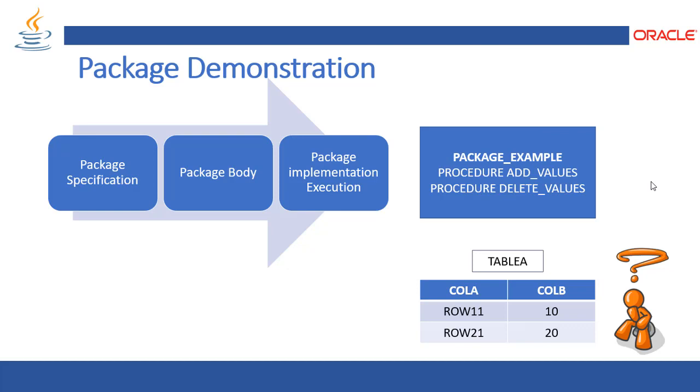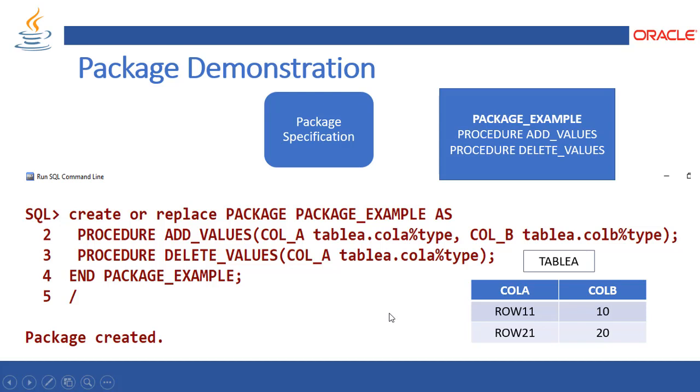I have created a table A which has column A and column B with some values, row 1 and number value 10. Package example is the name of my package, which contains two procedures: add values and delete values.